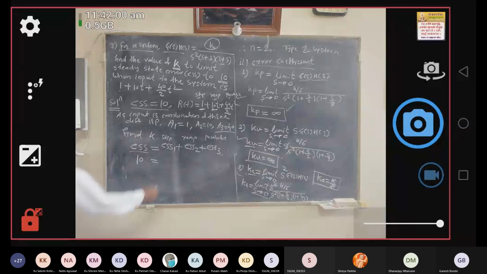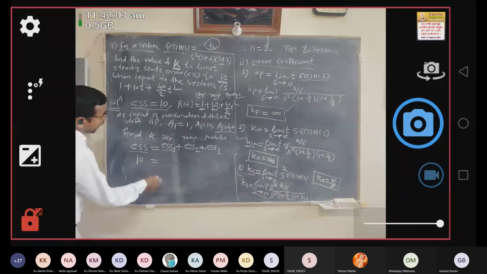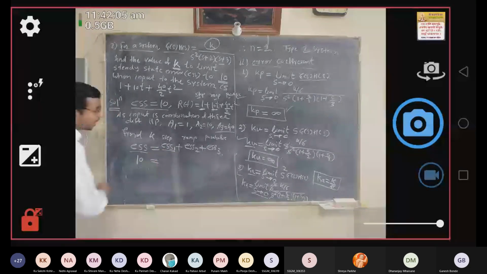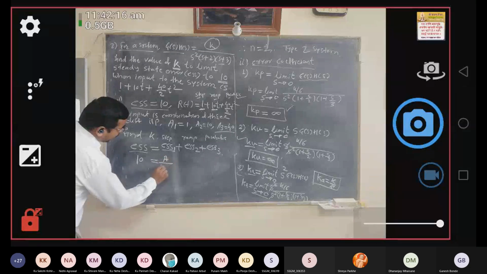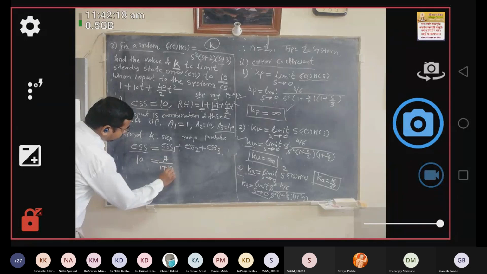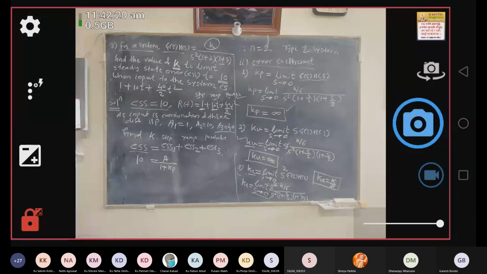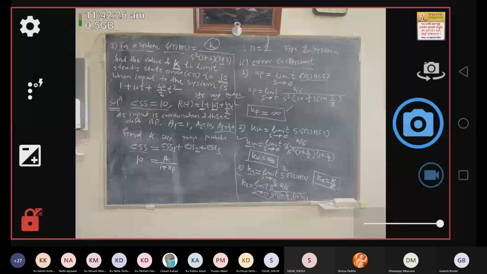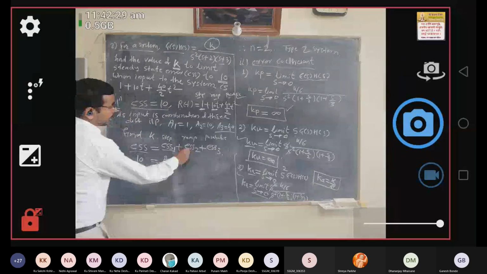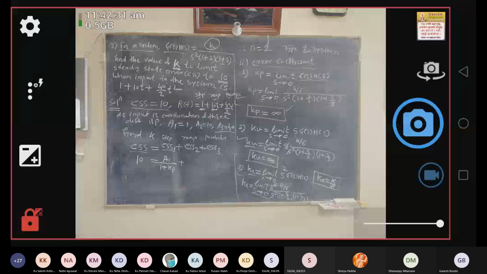Then when step input is applied, what is the expression for steady state error? It will be given by A upon 1 plus Kp. Am I correct? So here we will consider A1 upon 1 plus Kp, plus what is the value of ESS2?